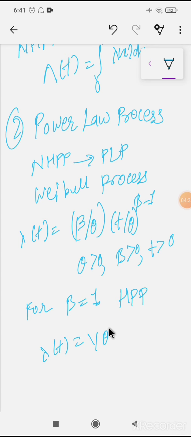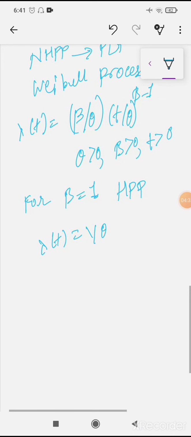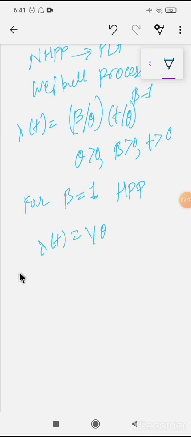Otherwise, the PLP produces a model for a system whose reliability changes as it ages. For beta greater than 1, it models a deteriorating system.